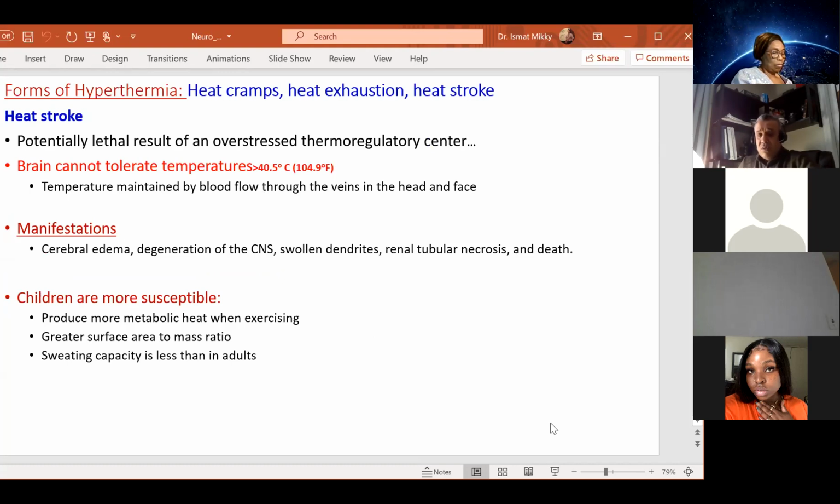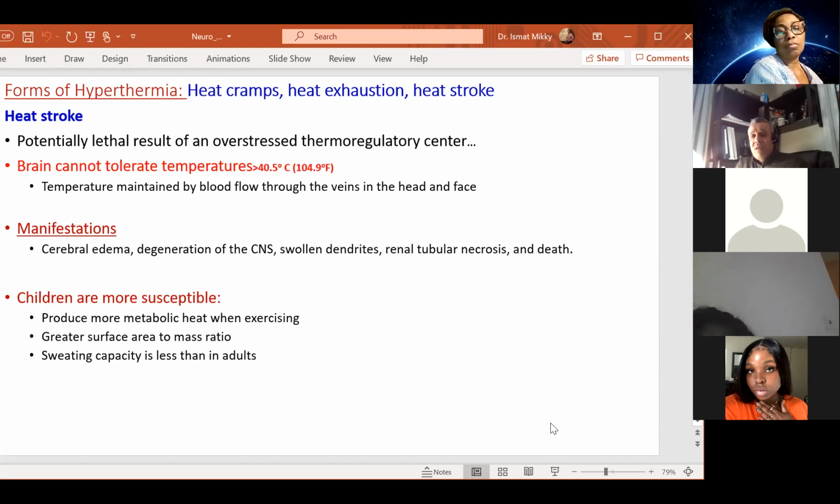Now, the heat stroke is potentially lethal, and the manifestation of that would be edema to the brain cells, or degeneration, which is destruction of the central nervous system. So cerebral edema will be associated with heat stroke.